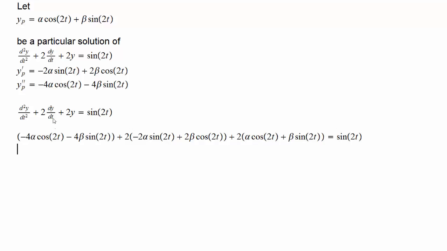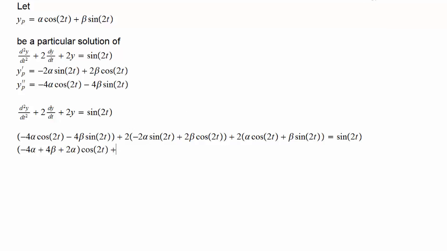Now we shall collect the coefficients of cosine 2t and sine 2t and then compare the two sides. For cosine 2t, I got -4 alpha, then 4 beta, then plus 2 alpha. You can see it's more algebraic than calculus here. This is the coefficient of cosine 2t.